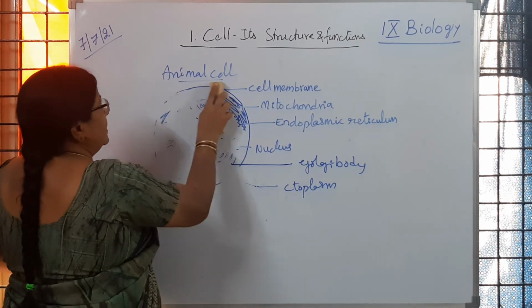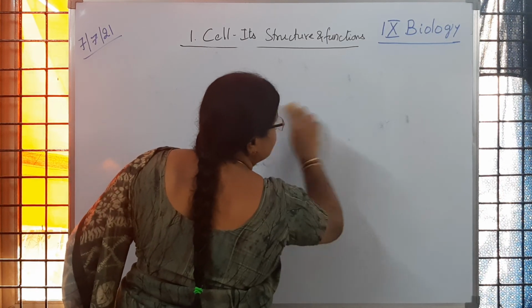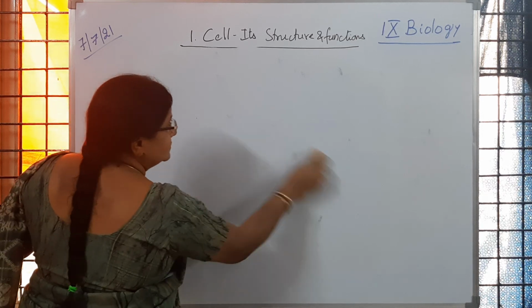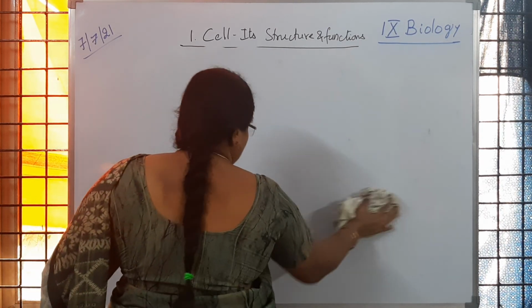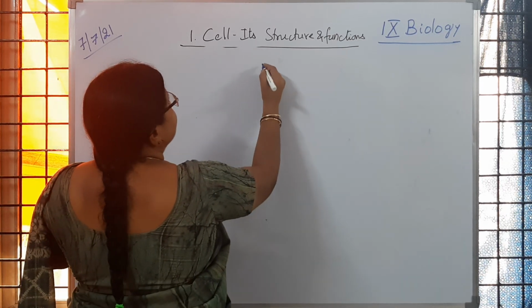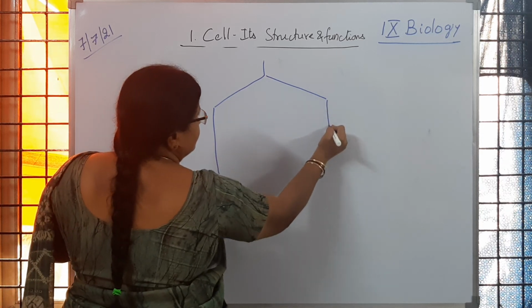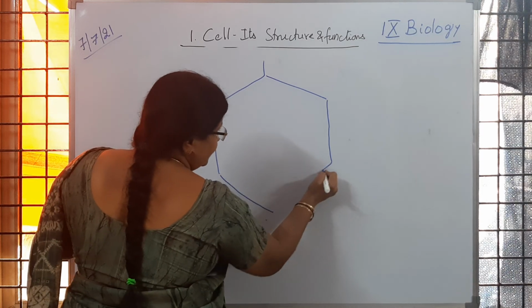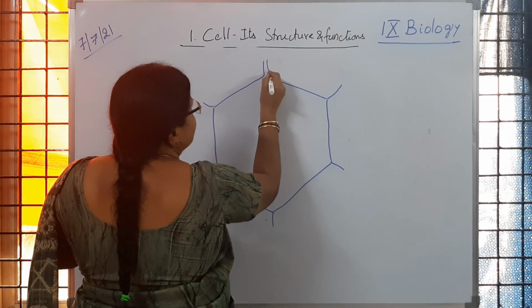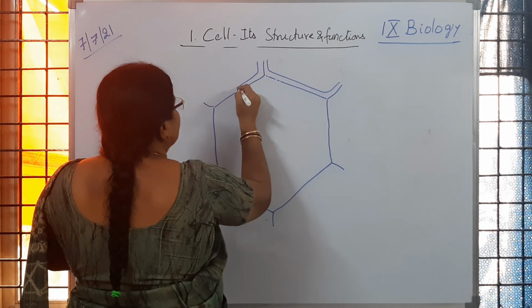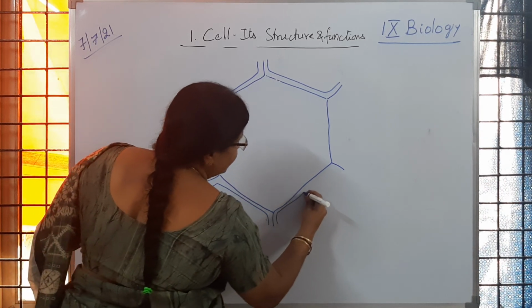Now let us learn the plant cell diagram. Here is the major difference you are going to observe. It is a three-dimensional picture.